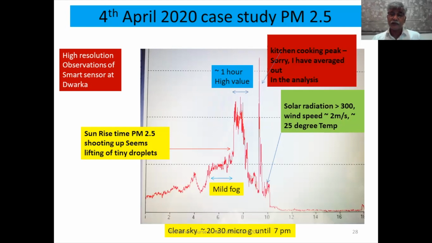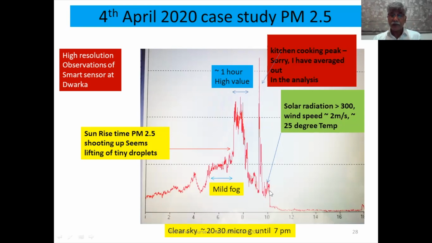You can carry this with you and make a diary wherever you go during the daytime, whether you go to a restaurant, to the roadside, or for a walk. So you can make a diary of your exposure to PM2.5 concentration at different timings, and you can avoid going to areas where the concentration is high.